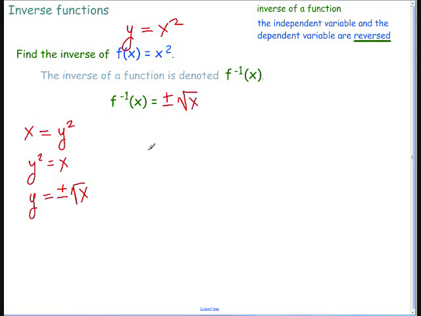And actually, that couldn't qualify as an inverse function. Why not? Well, if we graphed it, it looks like this, and it wouldn't pass the vertical line test. So I guess I would have to choose one or the other. So I would choose the plus and just write it like that.